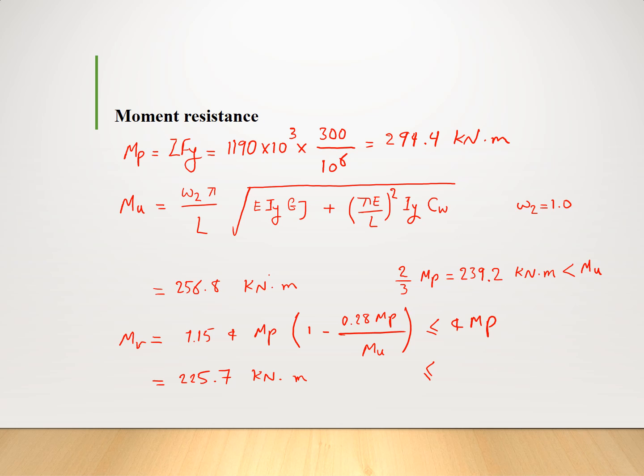Right hand side will be 294.4 kilonewton times meter. And as you can see, this one is smaller. So the resisting moment is equal to 225.7. It is slightly lower than our factored moment, but because the only difference is 3%, we will accept this number.